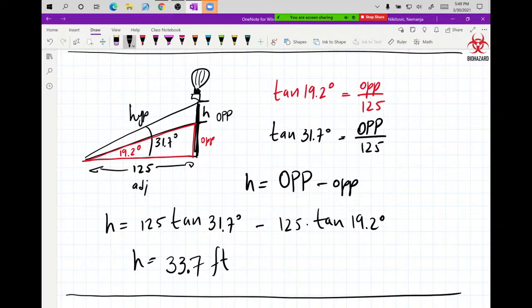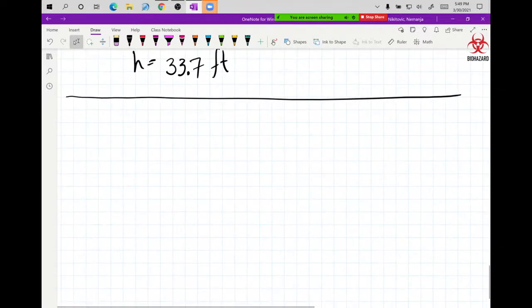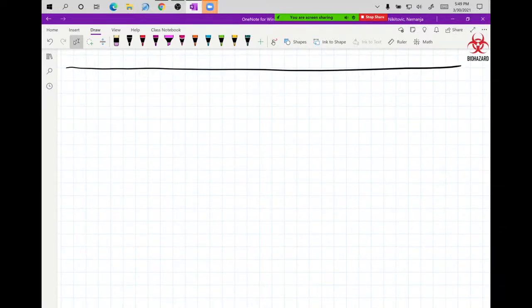All right, so now we're going to talk about bearings, which are used to navigate airplanes and ships across the sea. And for that, we don't use the positive and negative x-axis and so on.